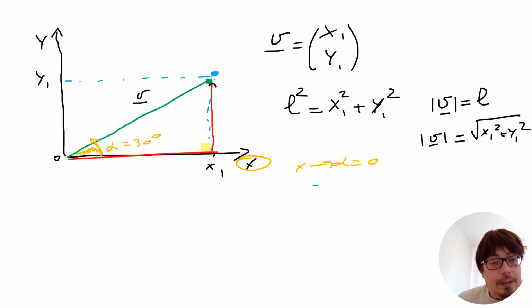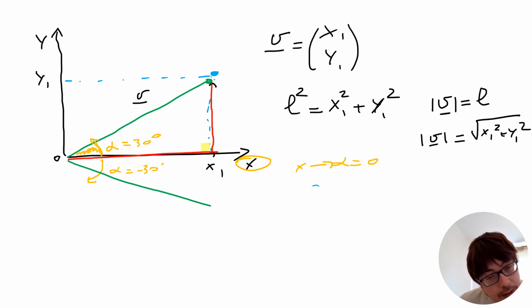And this will give us the direction. Of course, it could be minus 30 degrees this way, and will give us another vector, which we know is this. I overshot it, maybe it was more than 30 degrees, I'm not good at drawing, but let's keep it this way. So you see what I mean?